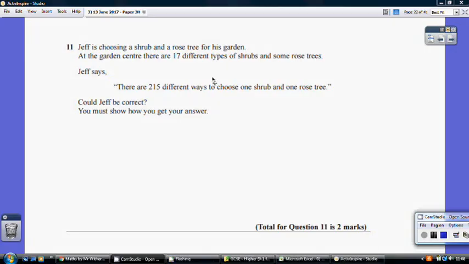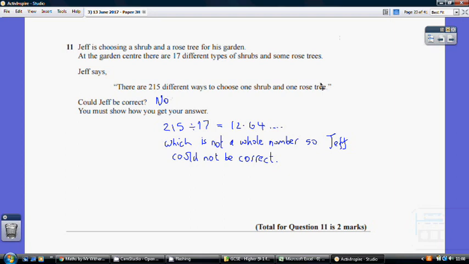Question 11. So Jeff is choosing a shrub and a rose tree for his garden. At the garden centre there are 17 different types of shrubs and some rose trees. Jeff says there are 215 different ways to choose one shrub and one rose tree. Could Jeff be correct? He can't be, because to get the total number of combinations you would do 17 times the total number of variations of rose trees.